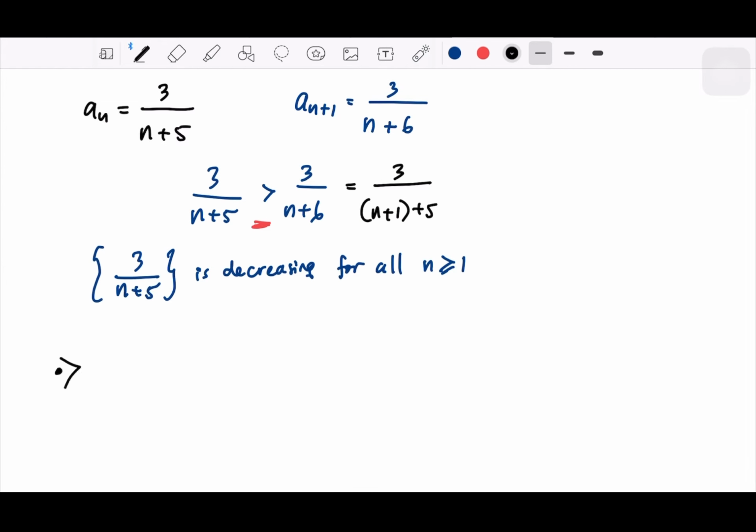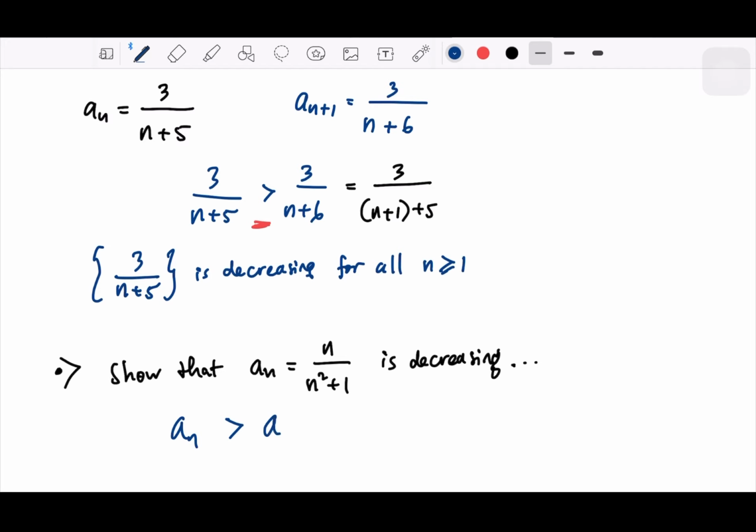Maybe the other question: show that an equals n over n squared plus 1 is decreasing. To show that the sequence is decreasing, first we need to show that an is greater than an plus 1.